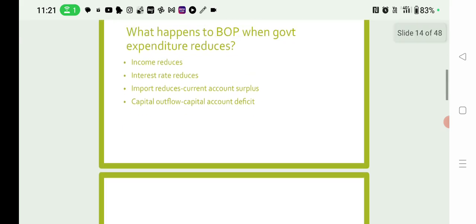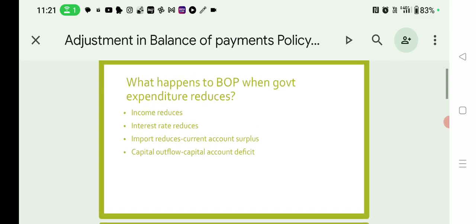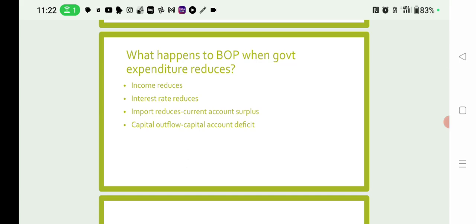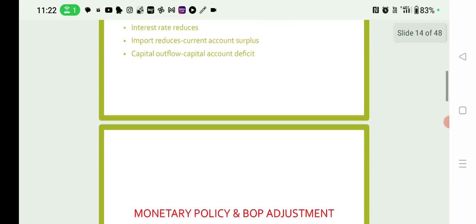Similarly, when the rate of interest is reducing due to the fall in government expenditure, capital outflow will be the result. Capital outflow takes the form of outward foreign investment, especially outward foreign direct investment. So a capital account deficit will emerge.